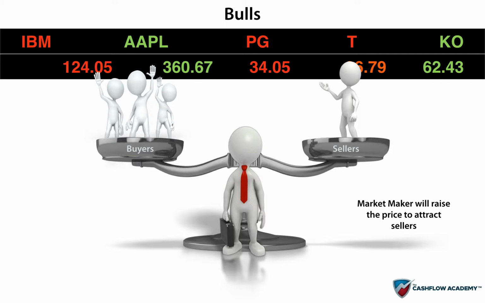So how do you make a market for that? Well, raise the price. If you jack up the price, sellers will show up, right? If all of a sudden you own gold and people start saying, hey, gold just hit $2,000 an ounce, there's going to be some people willing to sell there, right? And so by raising the price, you can attract more sellers.